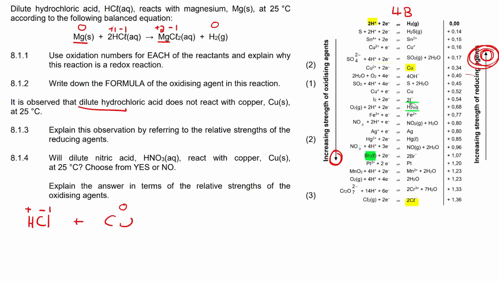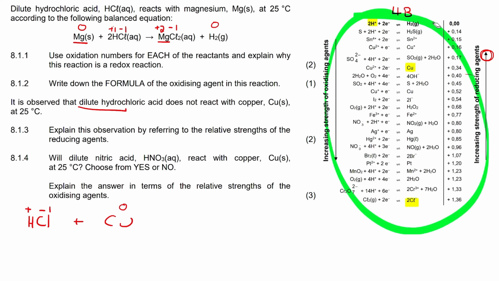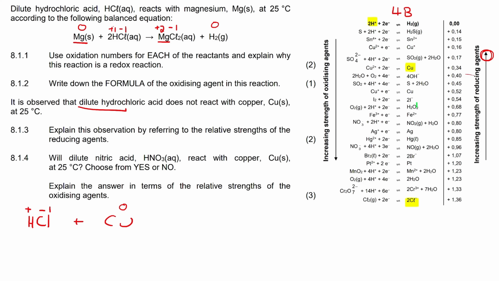Then a reaction will happen. Or if you have something like this on the right is higher up than this one on the left, then a reaction will happen because I'm following the arrows. But we don't have that over here. There is nothing on the right that is higher up than anything on the left. The thing on the left is right here at the top. These are both below it. So a reaction will not take place.